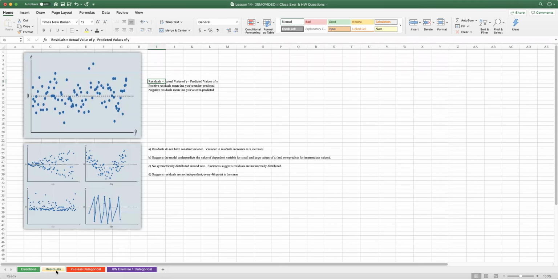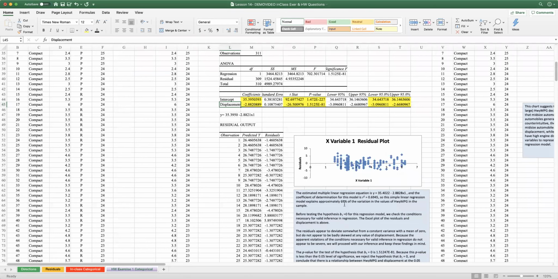So there is a little bit of evidence of that problem, but nothing that really scares me. Okay, so the equation, that's fine. Let's just say 35.4, that's good, minus 2.882, that's fine.